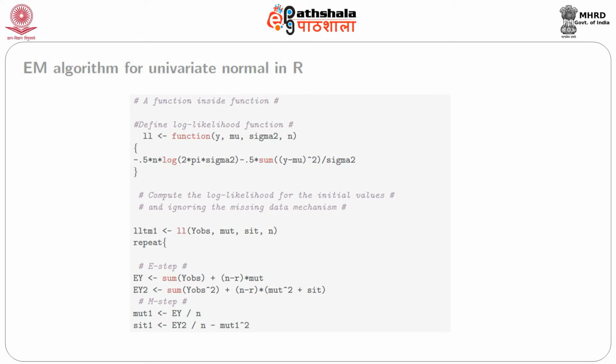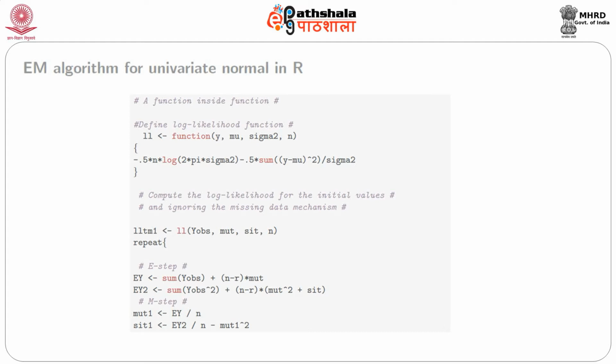So, it gives all the values for which y has a numeric value, and y miss are all those observations for which y is NA. And then what do we find? We find n, which is the total number of observations for y, and r, which is the total number of observations which are available, that is, the length of y observed.